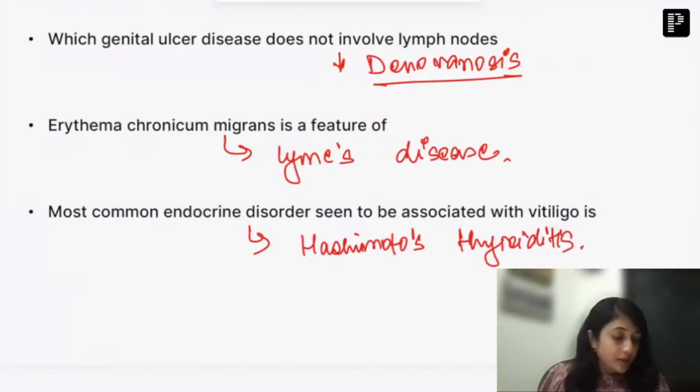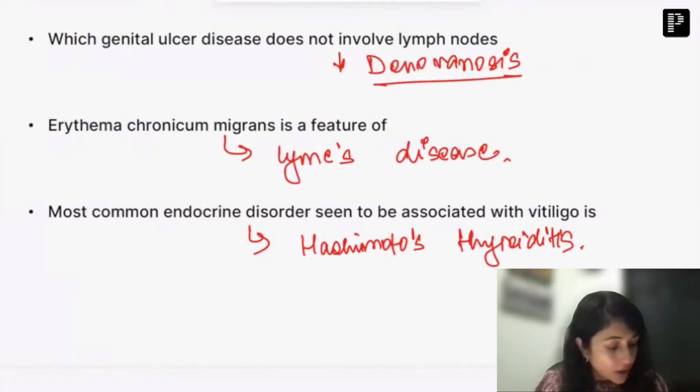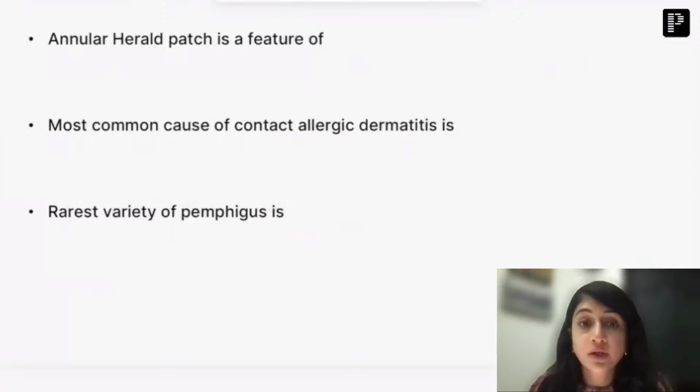Right? So I think this is something which you should be knowing. And I think most of you could not answer this. Genital disease not involving lymph nodes is donovanosis. Hashimoto's is right, not diabetes, but it is Hashimoto's disease.